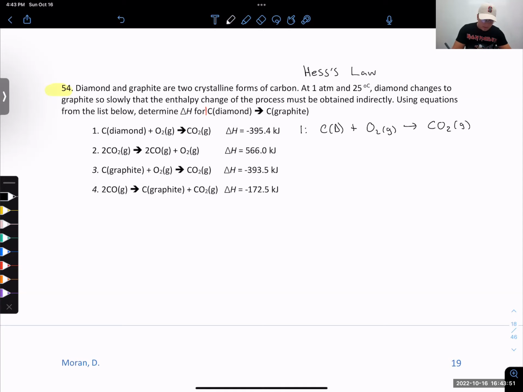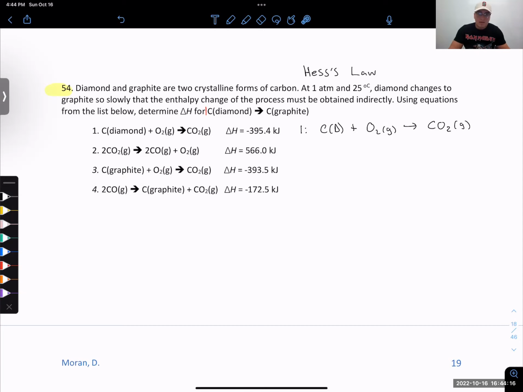So for the next part, we also know that we have to cancel out somehow the oxygen and the carbon dioxide. And the only equations that have oxygen and carbon dioxide are the second and third ones. And we know that we would have to have graphite on the right side. So we can try putting that on the right side. Let's see.